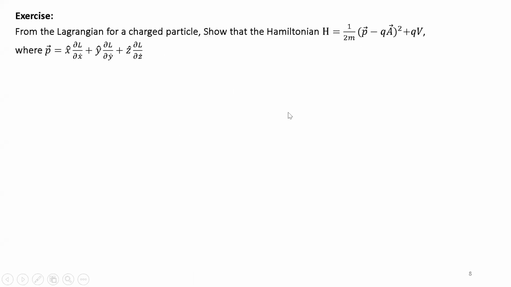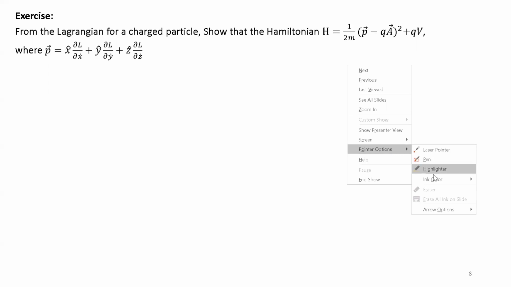I have to skip this exercise, but after you get the Lagrangian, you will also be able to get the Hamiltonian, using the same definition as we always use.